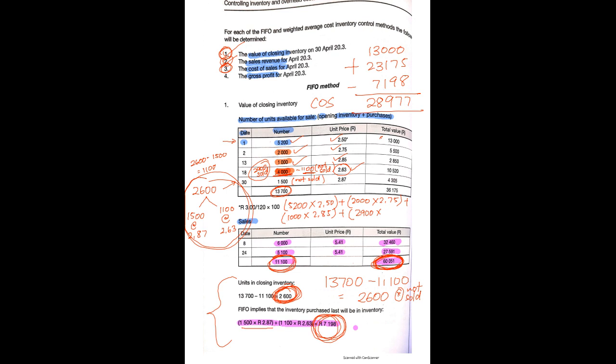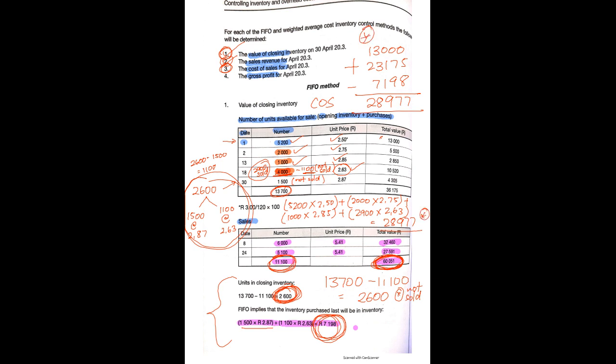And that will give you the same answer of 28,977, but it's whichever method you prefer. You can use the one at the top here, or you can use this method. They both will give you the same answer.